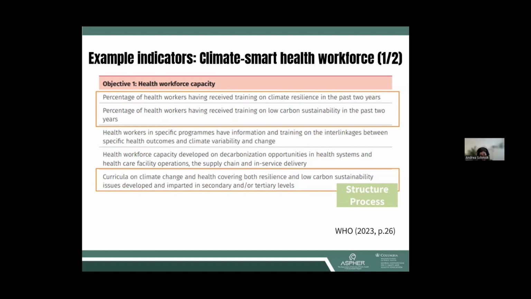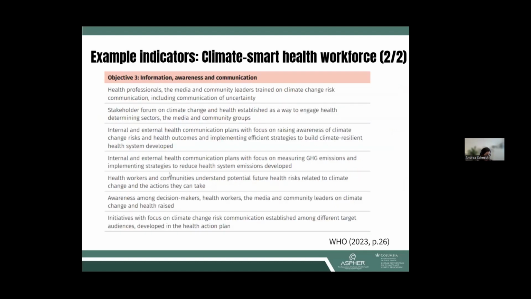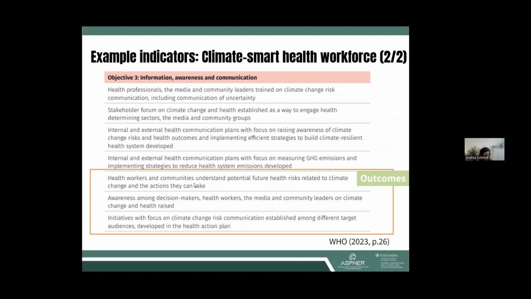But of course, this is not an outcome per se, because we want to achieve other things with that. So it's important for you to remember that whenever you talk about indicators, think about whether it is a structural, a process, or an outcome indicator. And we will do more exercises now. Then on information, awareness and communication, one outcome indicator could be awareness among decision makers, but also that there are initiatives established, for example.